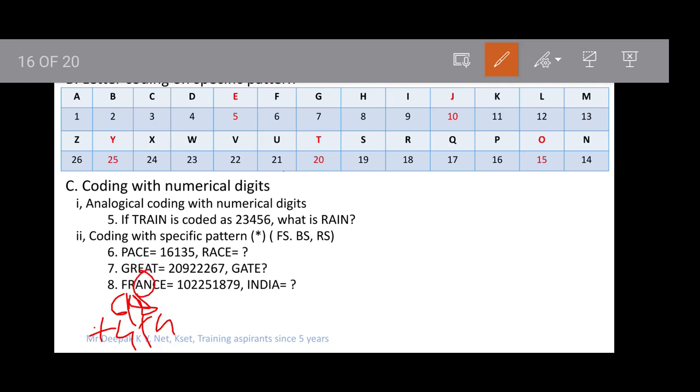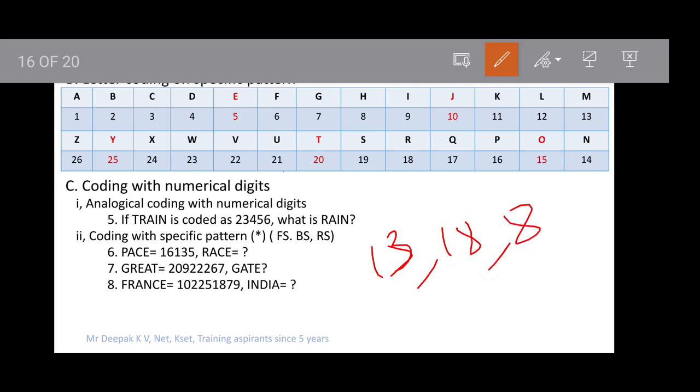Yes, they have mentioned it as 5, that means the sequence is 1 plus 4, right? In the same way we should go for India as well. I's sequence is 9, 9 plus 4 is 13, N's sequence is 14, 14 plus 4 is 18, D's sequence is 4 plus 4 is 8, I's sequence obviously we have done with the same, it is 13, and A's sequence is 1 plus 4, 5.